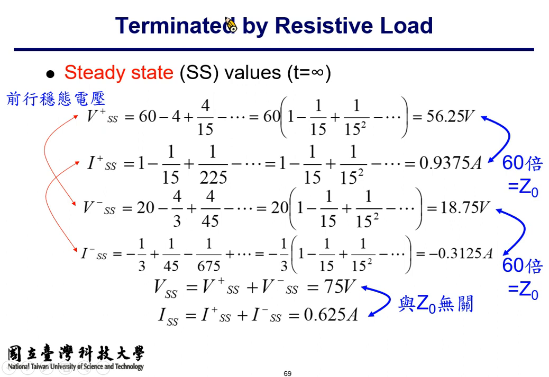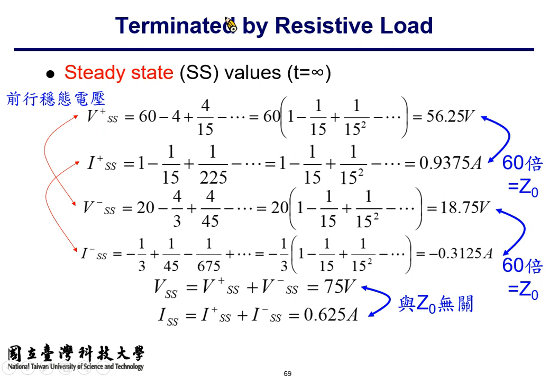If you add up only the V plus signal, that is 60 for V plus, -4 for V minus plus, and 4/15 for the next term, you add up the infinite series, and it will approach 56.25 volts. And the current I plus at the steady state will be 0.9375 amp.